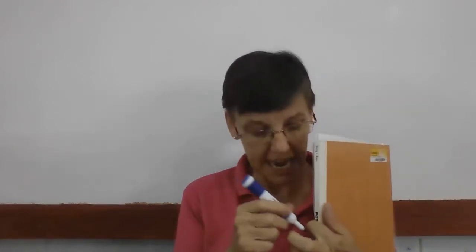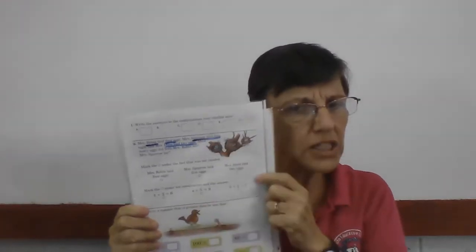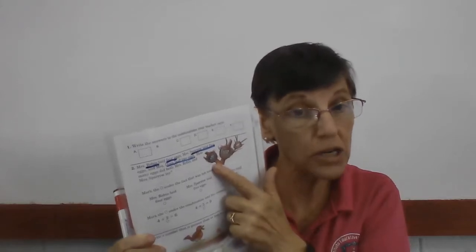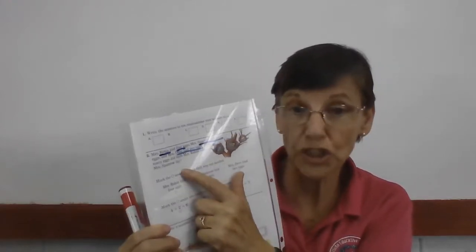I want you to take your pencil and circle the parts that they ask for. Look up here for the part they asked you about, okay? Look for the part that they're asking the question and circle that part.